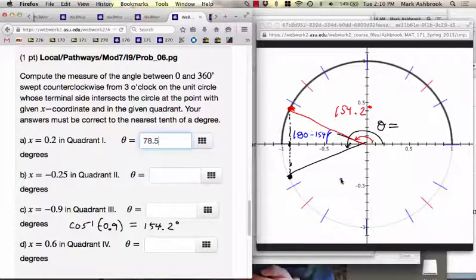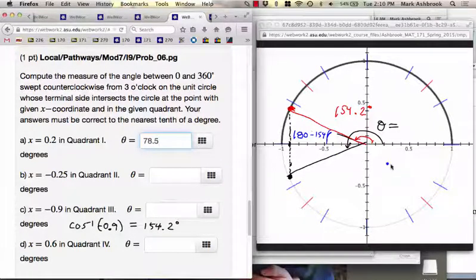Another way. Inverse cosine of negative 0.9 is 154. I just put it directly: 360 minus inverse cosine of negative 0.9. Okay, and why does that work? What were you thinking when you did 360 minus 154? 360 is the full rotation, and inverse cosine of negative 0.9 is 154.